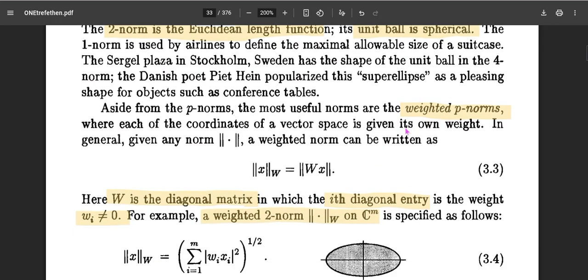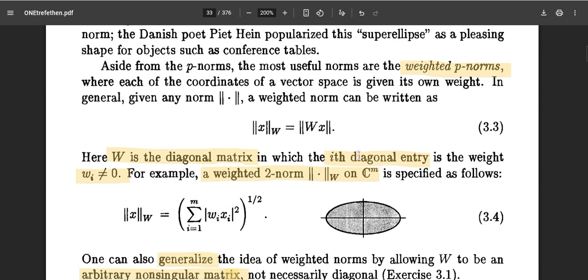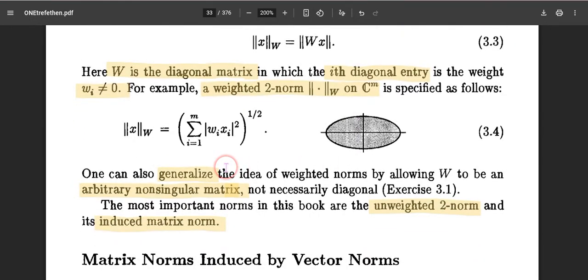Similarly, there are weighted p-norms, where W is a diagonal matrix that scales every element of the vector x based on the diagonal values of W. The diagonally weighted p-norm is defined by equation 3.4, and it transforms the unit sphere into an ellipsoid.